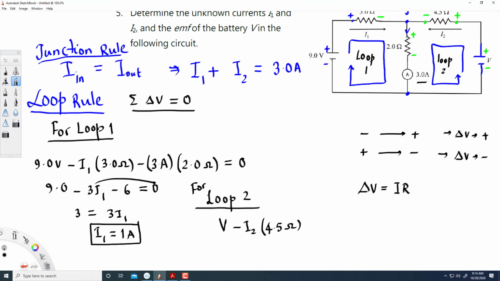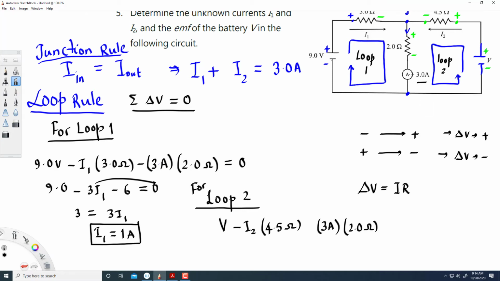The next component going along the counterclockwise direction is this one, 2 ohms. The potential difference across this 2 ohm is I times R, where I here is 3 amperes and R is 2 ohms, and then that's all we have. This ammeter is not an active component, so we don't need to worry about that.